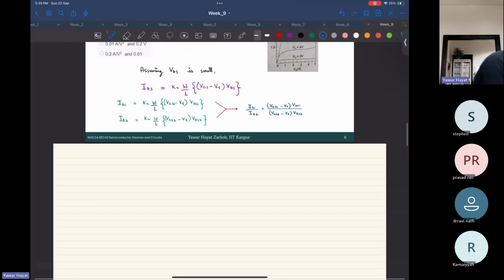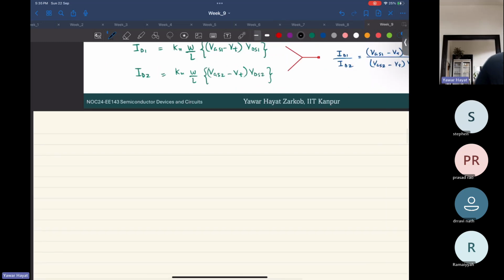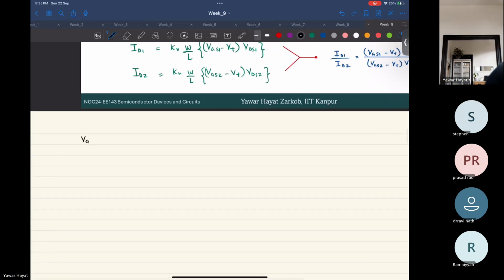This one is better. So our VGS1 is 5 volt. Your VDS1 is 0.25 volt. Your ID1 is 0.6 milliamps.